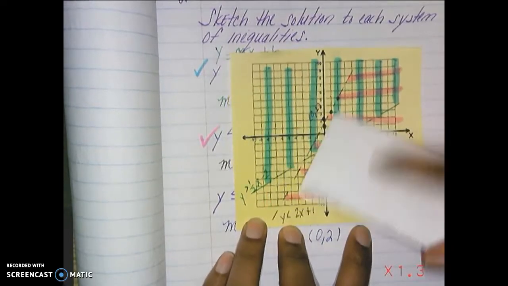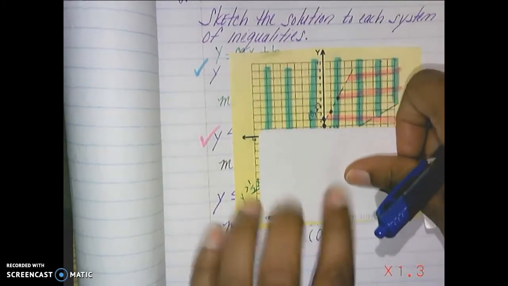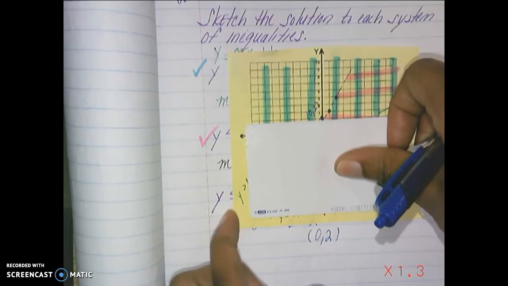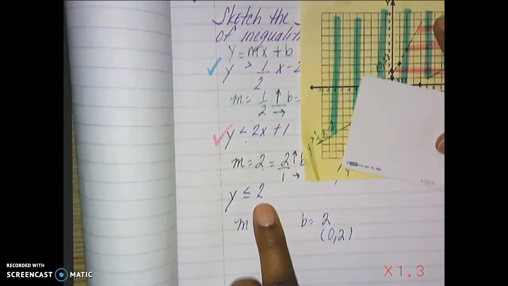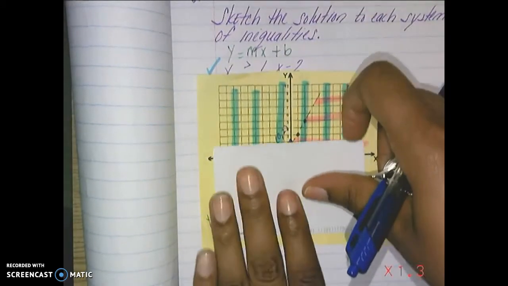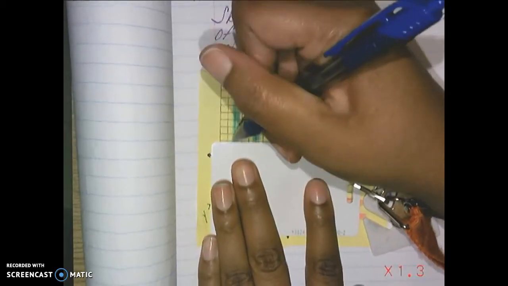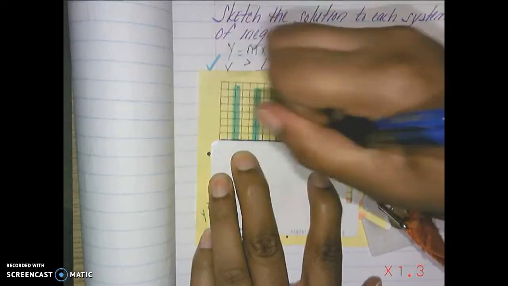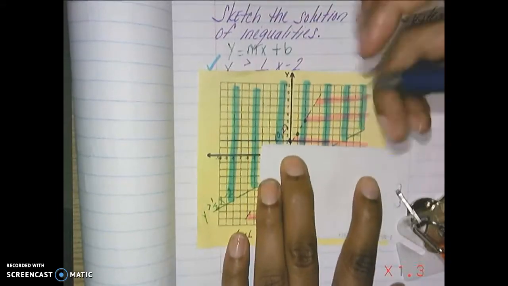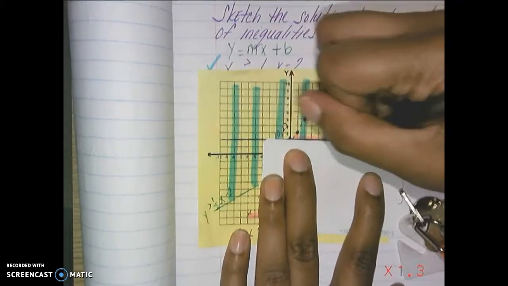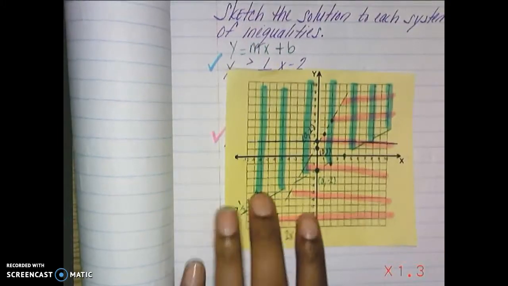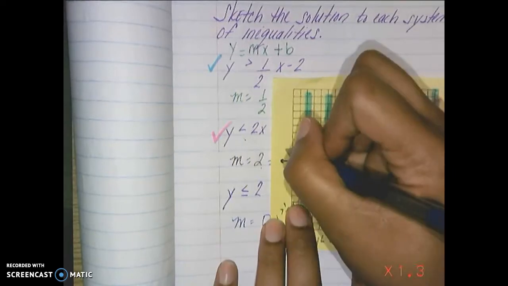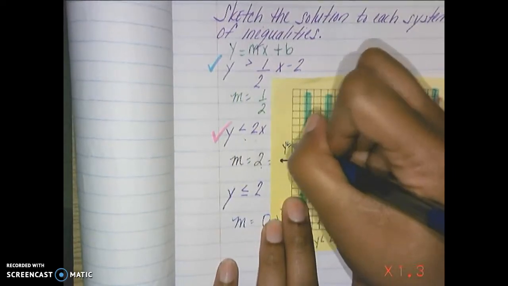As long as we know this line right here is the line where y is equal to 2. We don't care what the x values are, not at this moment. So it's going to be a solid line because it had an equal to underneath at the bottom. Okay. So this is going to be my line where y is going to be less than or equal to 2.